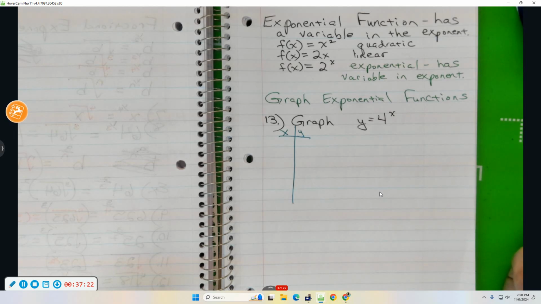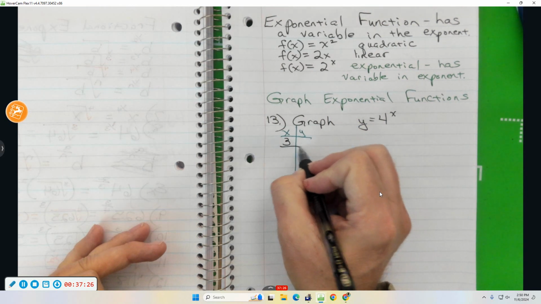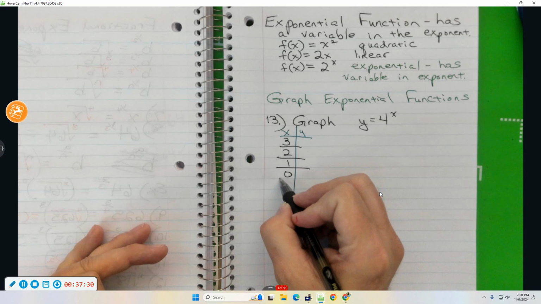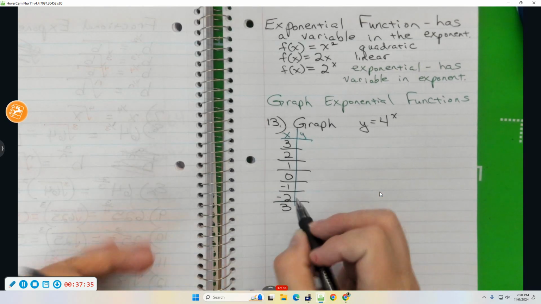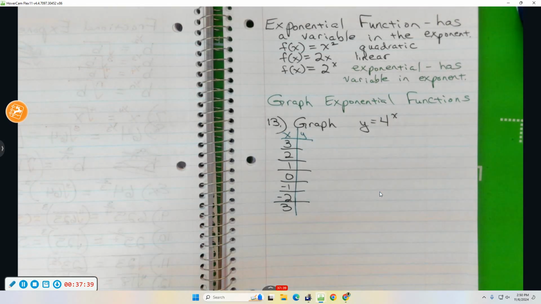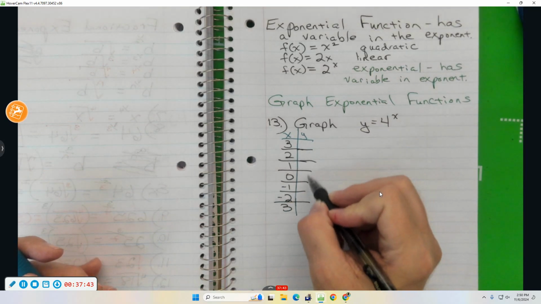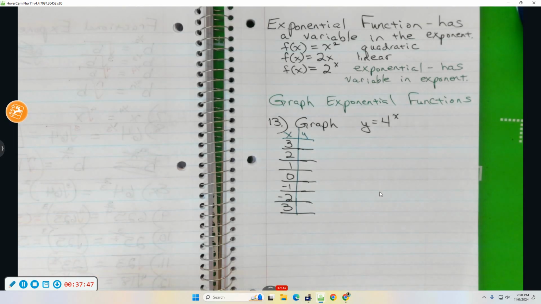That's getting sort of big. I'll go ahead and write down 3. Generally, the integers from 3 to negative 3 are enough to give you an idea of what the graph looks like. In this case, we may not want to plot all of these points. You'll see what I mean as we start determining the y values.